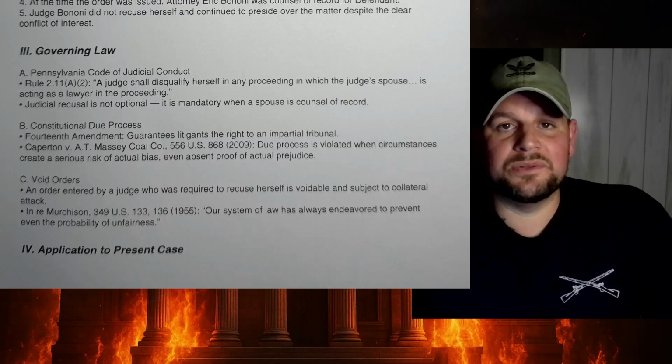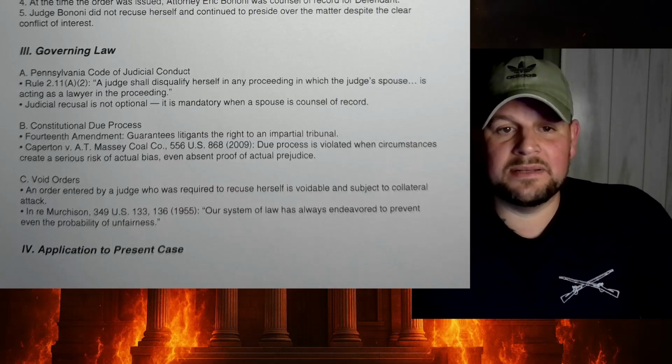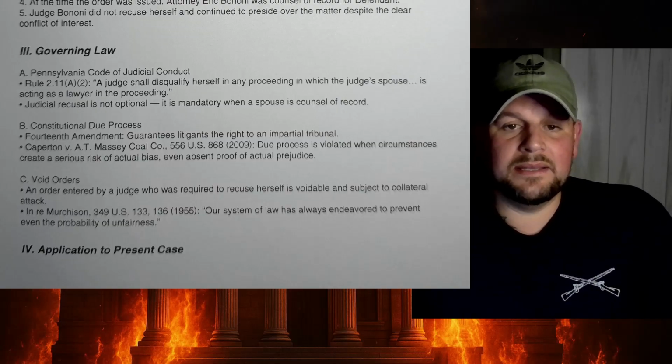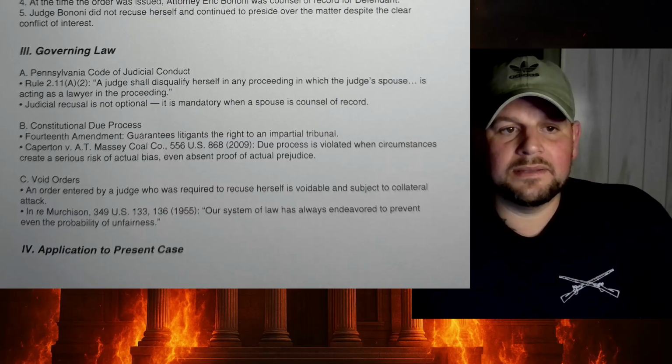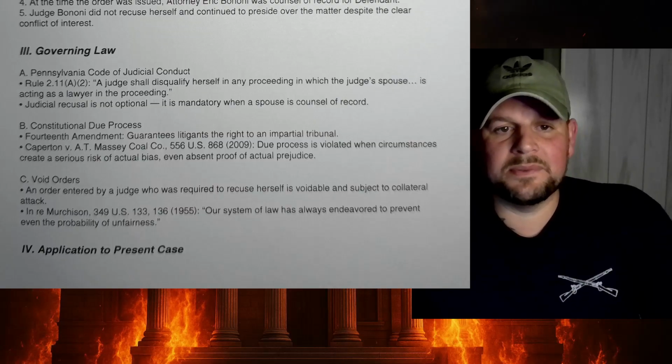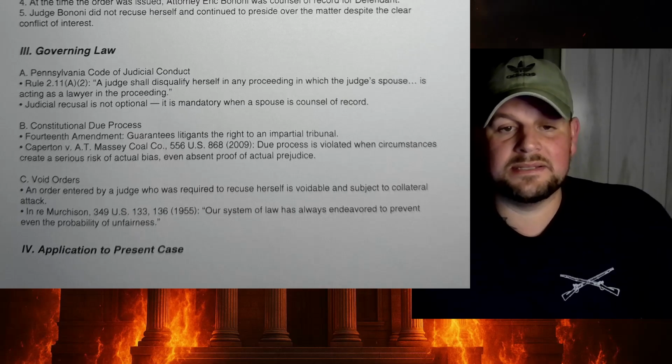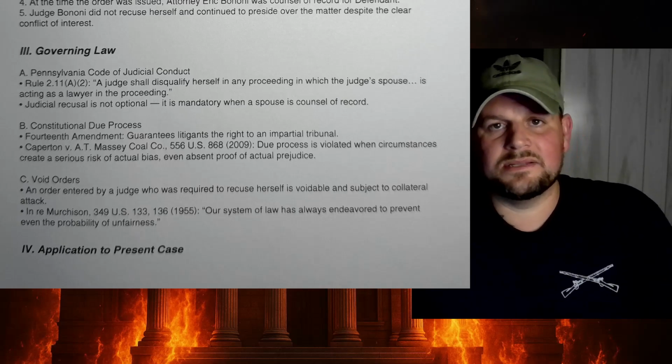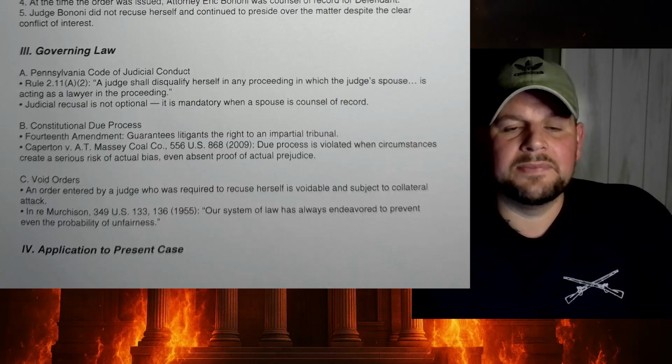B. Constitutional due process. The 14th Amendment guarantees litigants the right to an impartial tribunal. Caperton versus A.T. Massey Coal Company, 556 U.S. 868, 2009. Those are case laws. You guys can look those up.